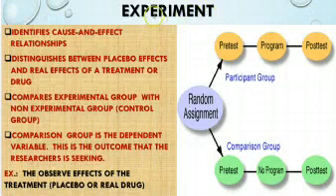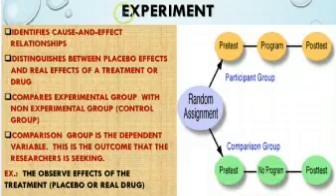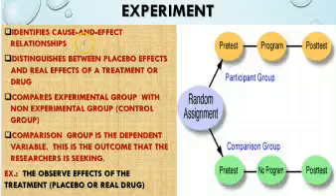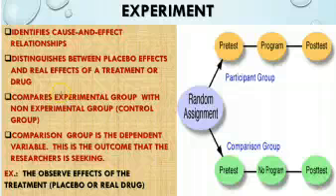The experiment is another type of research that we do. They identify cause and effect relationships in experiments. We can determine whether one variable causes another. We can distinguish between a placebo effect and a real effect of a treatment or a drug.